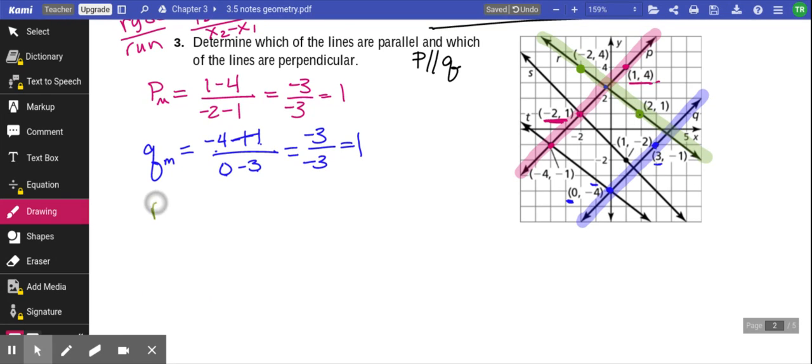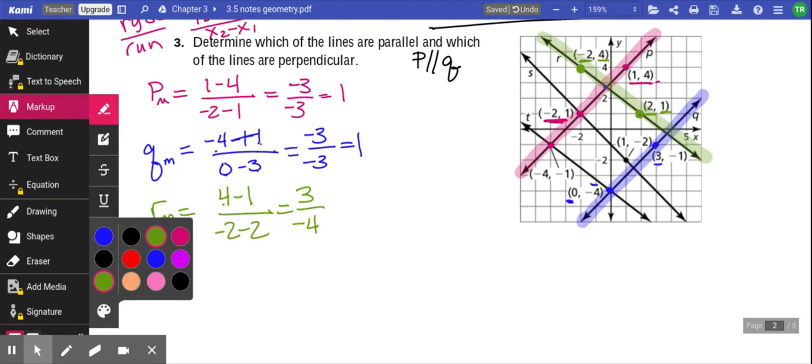So the slope of R is going to equal, I'm going to subtract my y's. So 4 minus 1, over my x's, -2 minus 2. 4 minus 1 is 3 over -4. -3/4, okay, that's not anything right now.